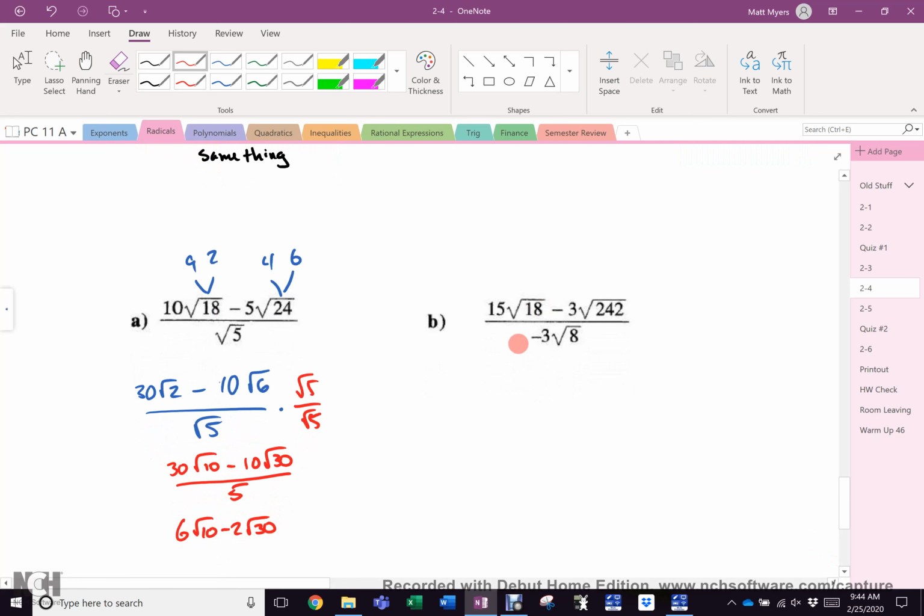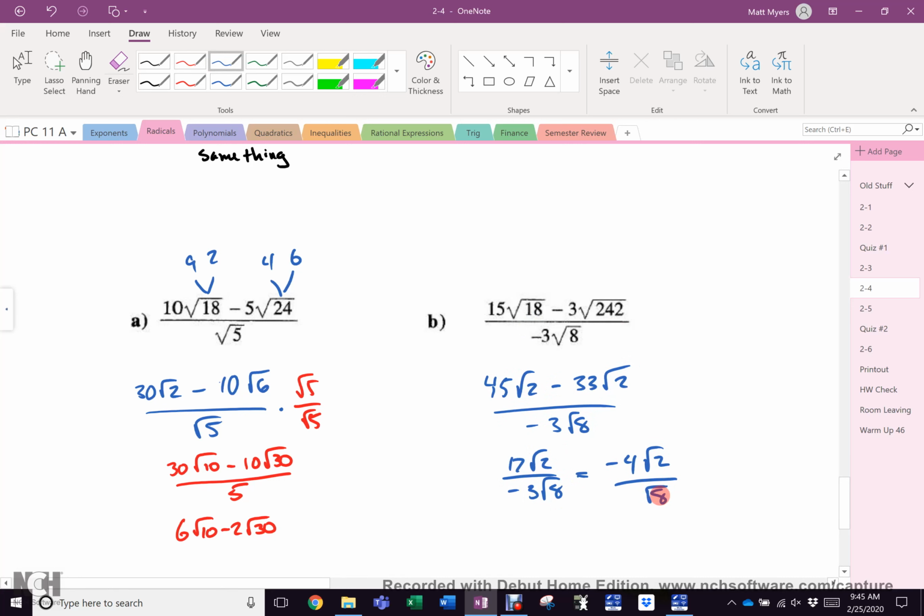And then this one is going to be 45 root 2 minus 33 root 2 over negative 3 root 8, which is going to be 12 root 2 over negative 3 root 8, which is going to be negative 4 root 2 over root 8.